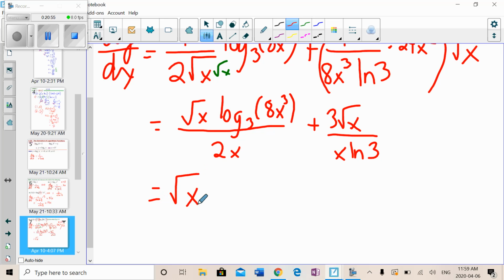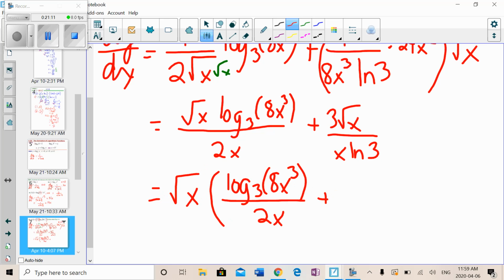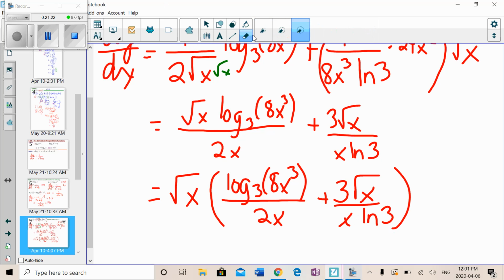And we could pull an x out of the bottom as well, but I guess it's fine. So we're going to have log base 3 of 8x cubed over 2x plus 3 root x over x ln 3. Oops, I just noticed I forgot to take out my root x. So that is actually gone.